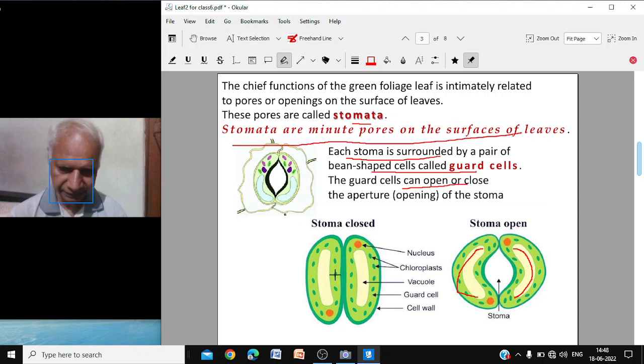For instance, here the guard cells have closed, so you can't see the pore. And here the guard cells have kept it open. You can see the pore. Where I'm writing P, that is the pore. And here the guard cells have kept it closed. You can't see the pore. So the opening and closing of each stoma is regulated by one pair of guard cells.